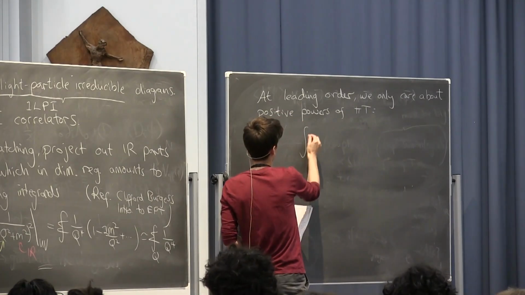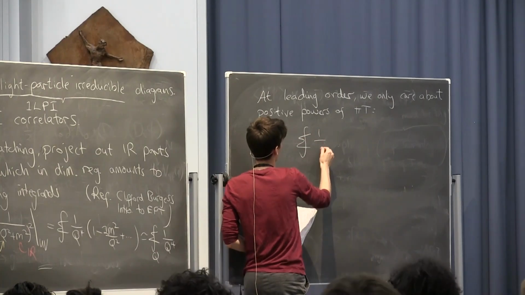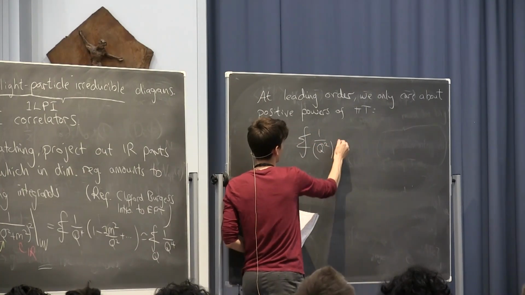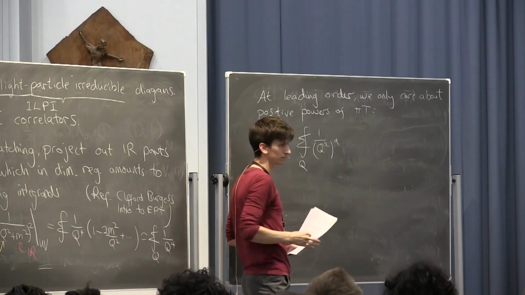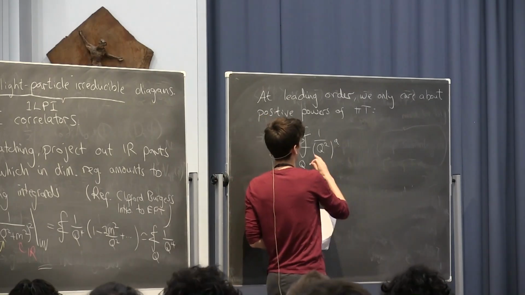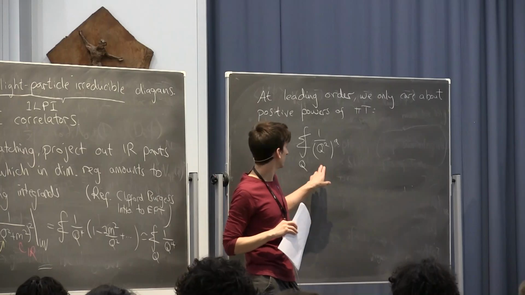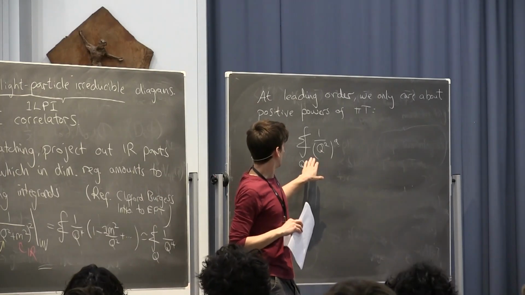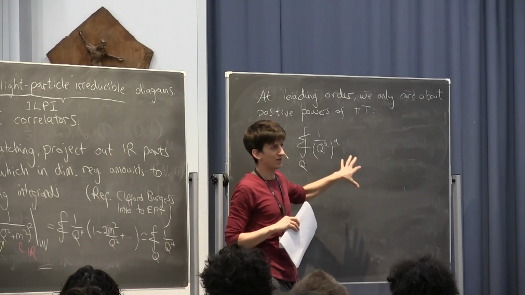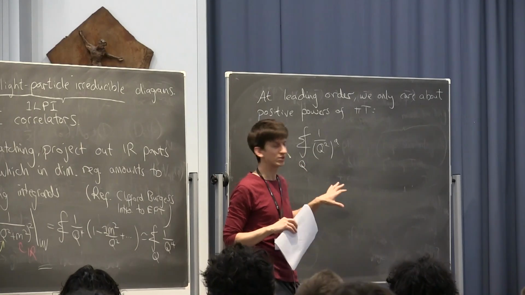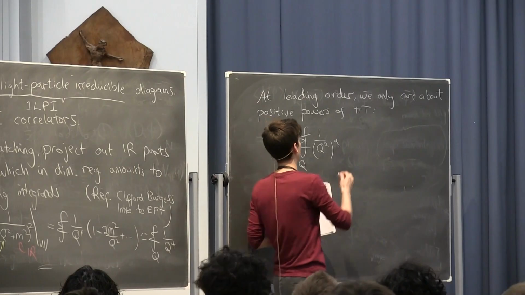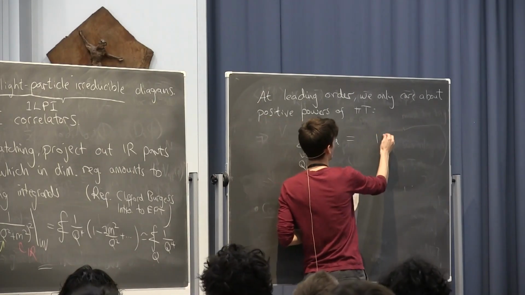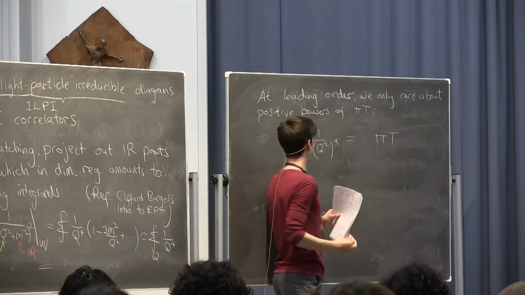So if I write 1 over q squared to the a here, there's only one scale in this integral, and it's pi t. And if I use dimensional regularization, that one scale is the only scale which can turn up in the answer, which means this must be pi t to some power.